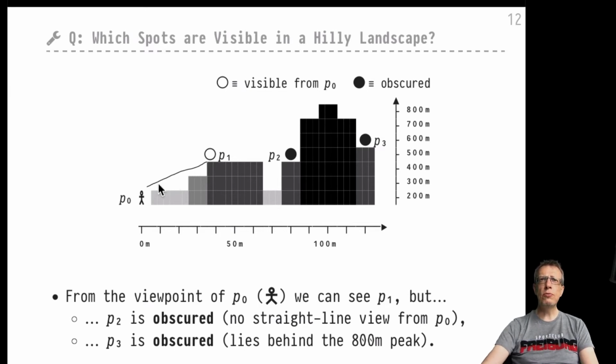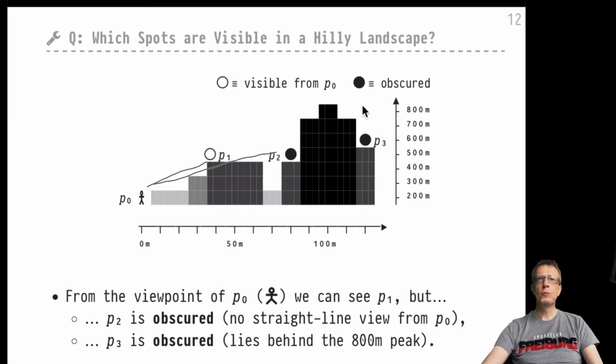Because there is nothing obstructing, nothing blocking our view, probably we can see P1. It's probably different for P2. There's this hill blocking our view. There's no straight line view, no straight line that is unblocked from ourselves at P0 towards P2. And of course, it's completely impossible to see P3 from P0 because P3 lies behind this peak of 800 meters actually.